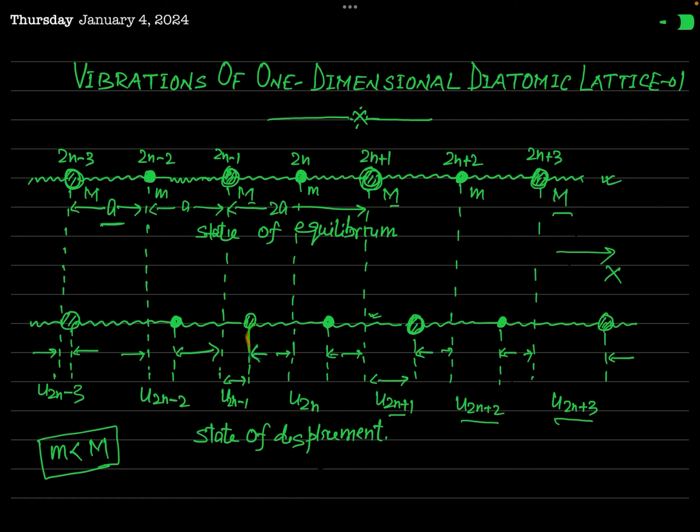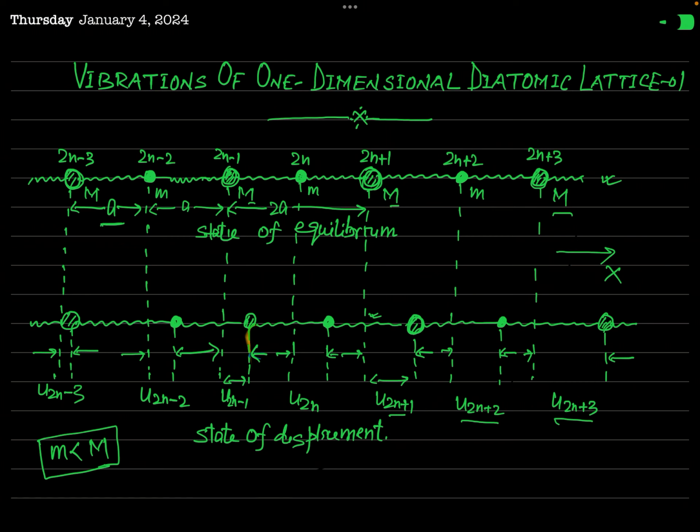Okay. You have seen in the case of monatomic linear lattice that we obtain the equation of motion, that is, we can apply Newton's second law of motion by applying Hooke's law.